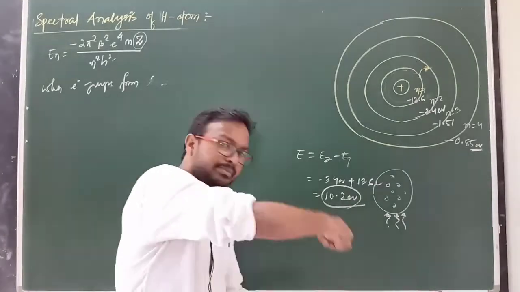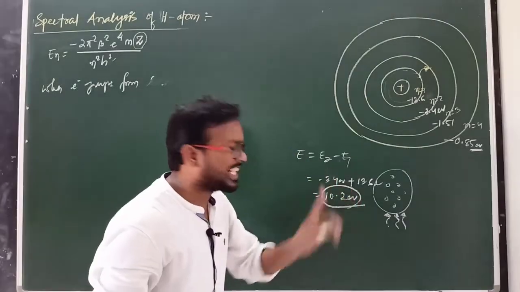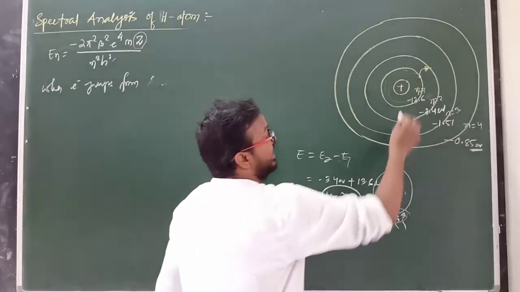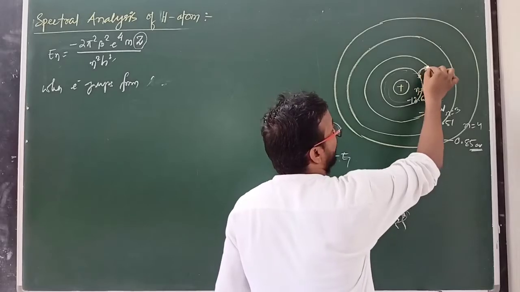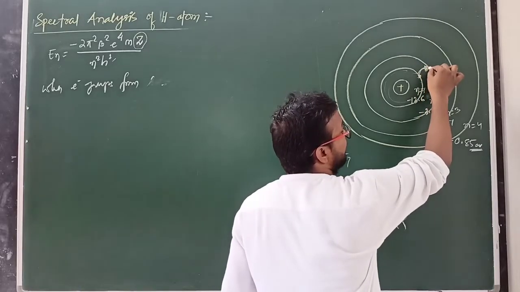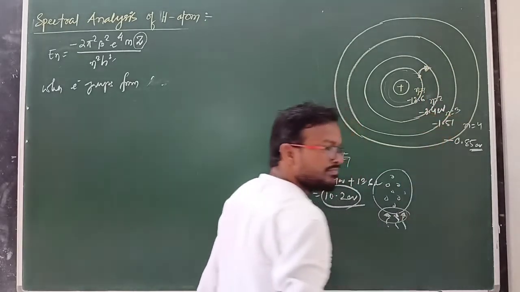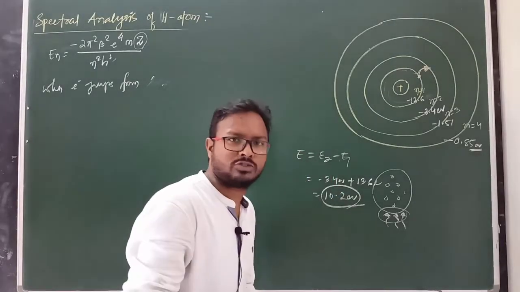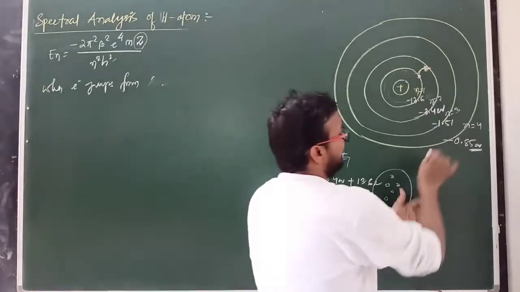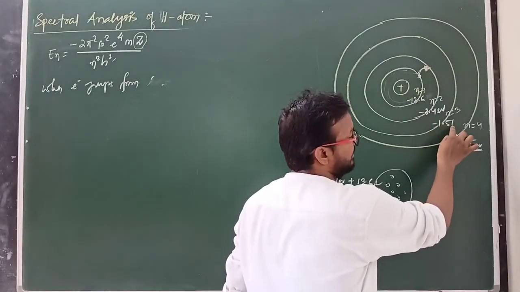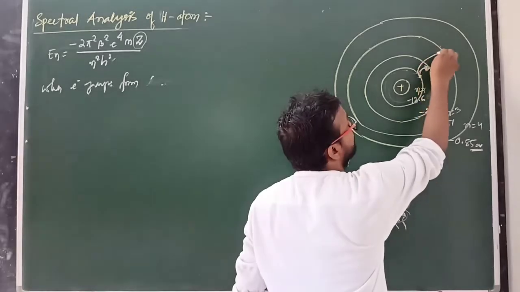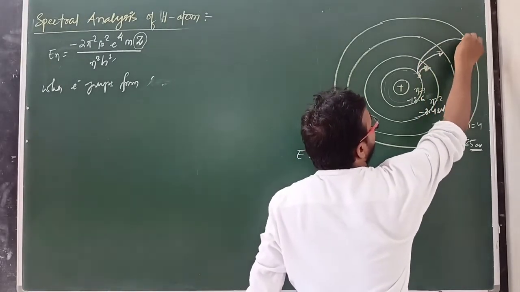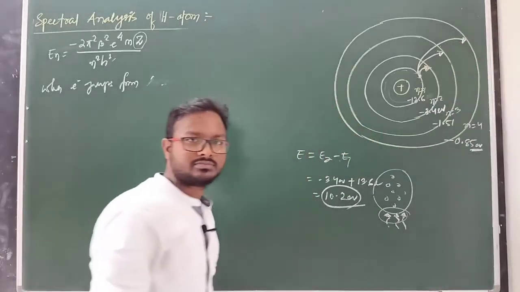If the electron absorbs 10.2 electron volt from the electricity, then it gets excited and jumps to the higher energy orbit whose energy is minus 3.4. If the electron absorbs more energy, up to minus 1.51, it can jump to the second excited state, then to the third excited state, and so on.